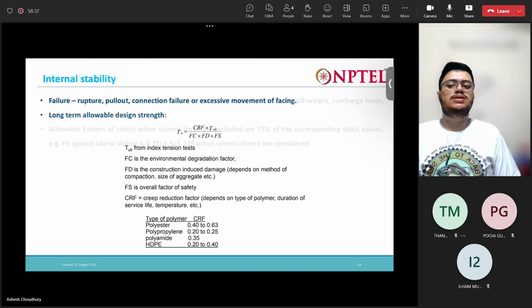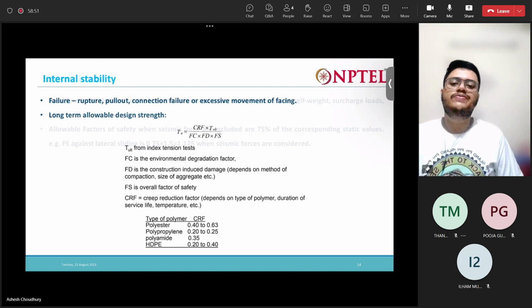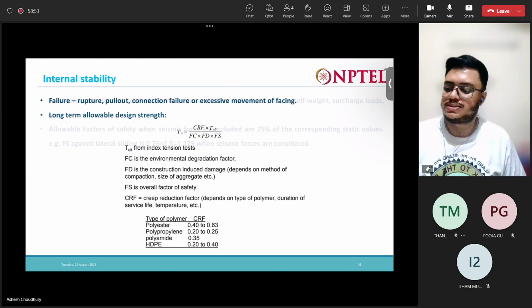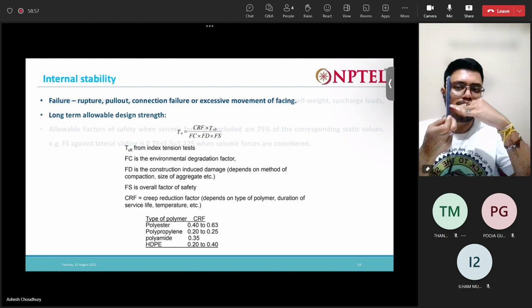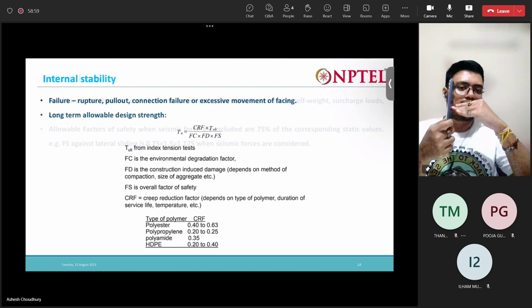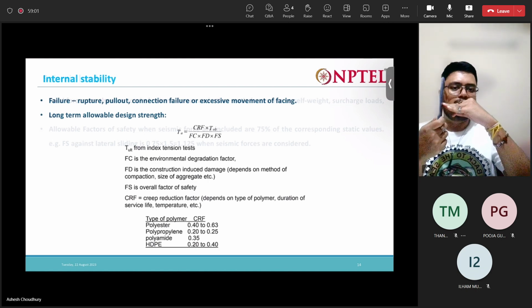So all of these three contribute to the internal stability. We need to ensure that there is no rupture failure, no chance of pull out failure, no chance of connection failure, and no chance of excessive movement of the facing. Say this is the connection and this is the reinforcement, completely tied to each other. If the connection suddenly breaks, what will happen?